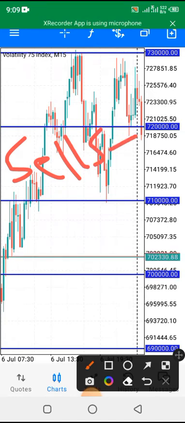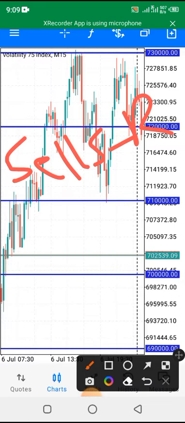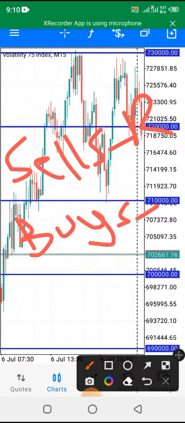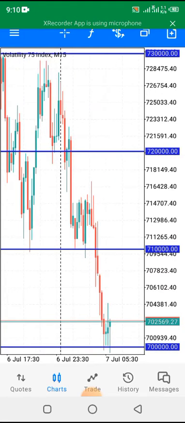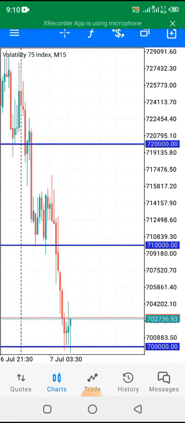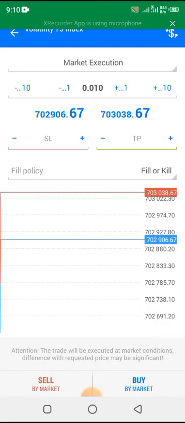This is resistance. Then buys are made in support regions, right? Okay, you can see over here where the price is at. Let me show you how it's happening.